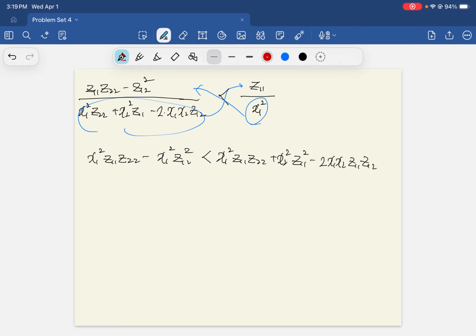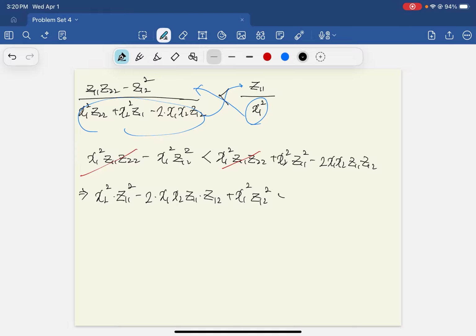And by the way, it is possible because everything should be positive, right? The denominator should be positive. So these cancel out. What you need to show here is that x2 squared z11 squared minus 2 times x1 x2 z11 z12 plus x1 squared z12 squared should be positive.